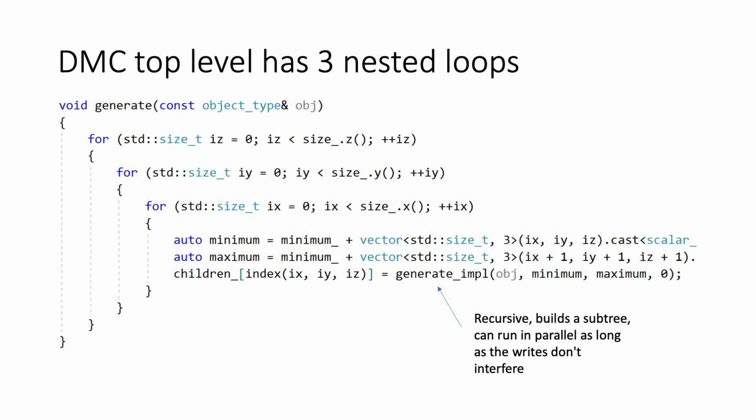Just with regard to going to a finer grained kernel, we observed that most of the dual marching cubes code is doing these 3 nested loops. So that's an obvious candidate for parallelism.